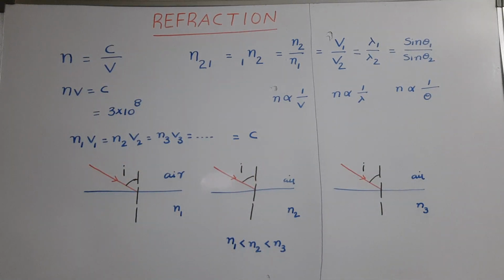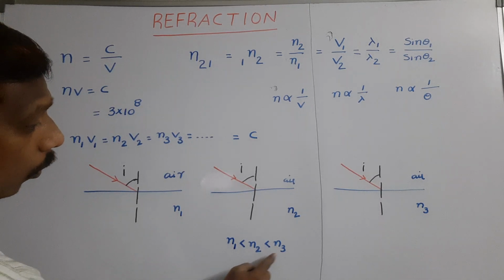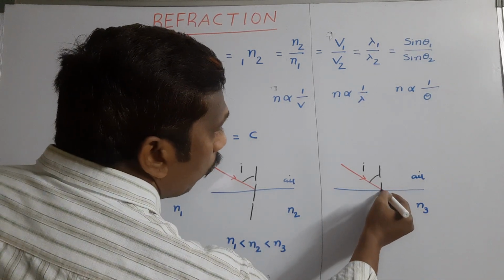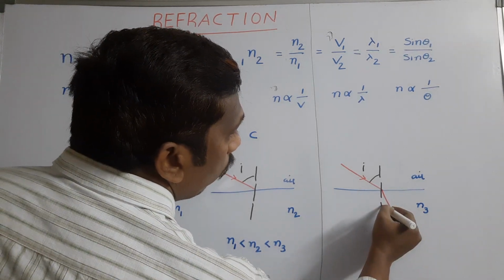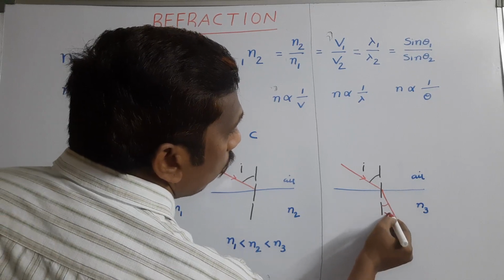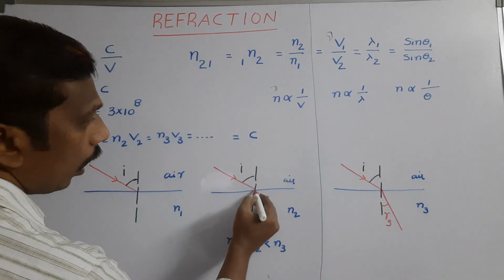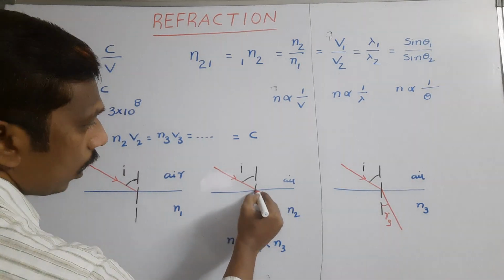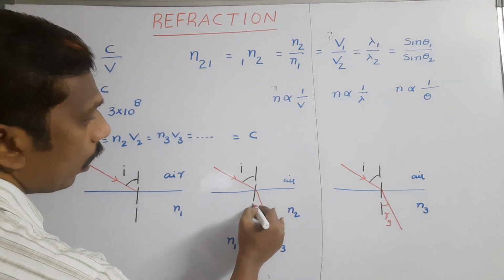But in which medium will it bend more? If we observe, n1 is less than n2, n2 is less than n3. Out of the three mediums, this medium's refractive index is more. More refractive index means the light ray will bend more. This one is taken as R3. And when compared, this one has less refractive index, so the bending is somewhat less.